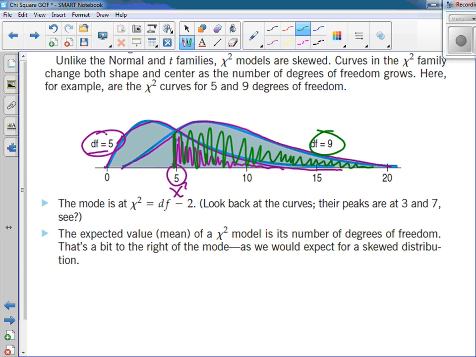So the degrees of freedom changing incrementally can be a big deal. You need to make sure you have degrees of freedom correct, okay? But it's important to note that they are skewed. They're not unimodal and symmetric. Nowhere do we check a normal condition or anything like that. That's not important because they're not symmetric models, okay?